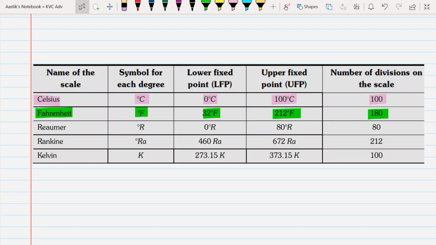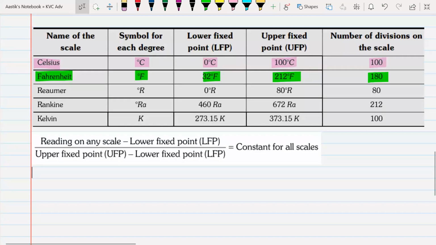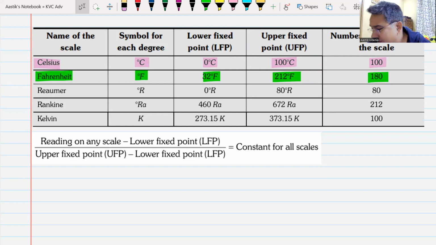Then let's move ahead. I have already told you that the reading on any scale minus the lower fixed point, divided by upper fixed point minus lower fixed point, which is the boiling point minus the freezing point, is constant.